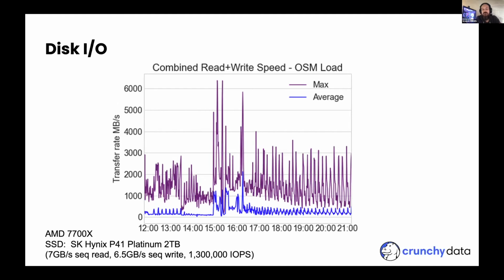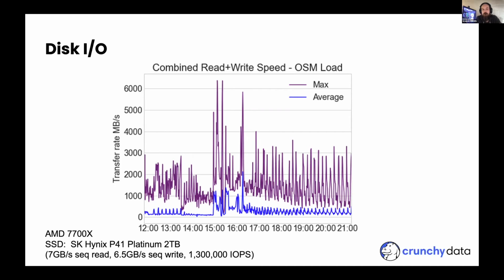When I look at the disks that I've got available, the one that gave me the best time from this vendor, SK Hynix. If you've never heard of them, this is what used to be Intel's SSD technology. Their drives are really great. The drive I'm using is rated for 7 gigabytes a second sequential reads and 6.5 writes, 1.3 million IOPS, great stuff.